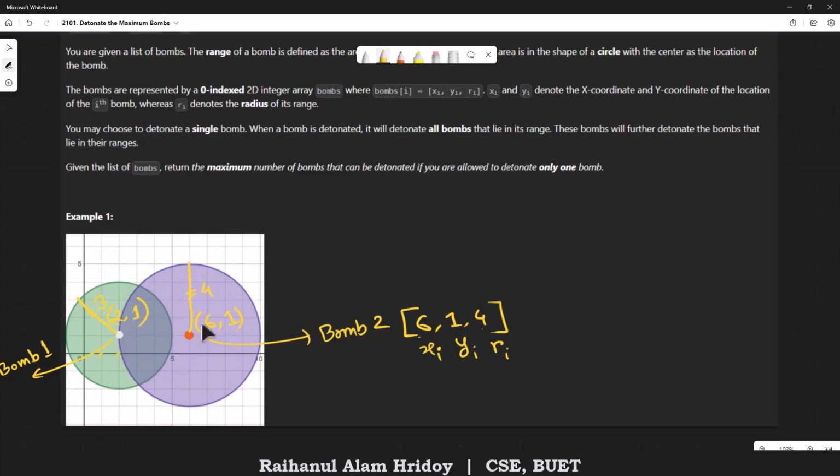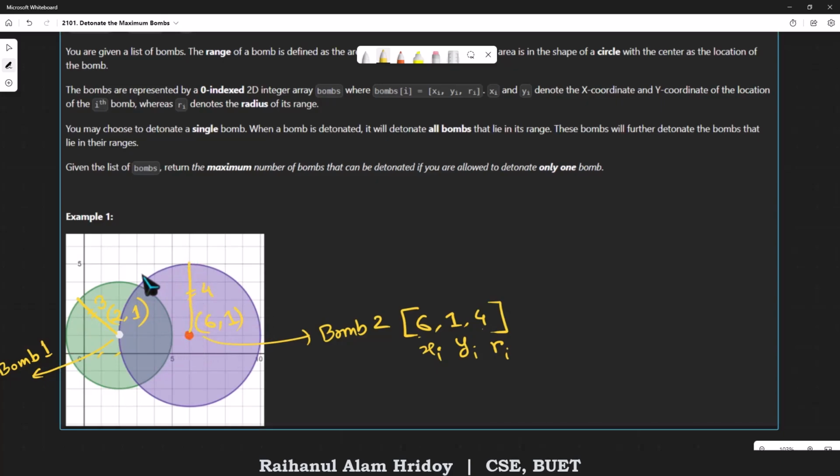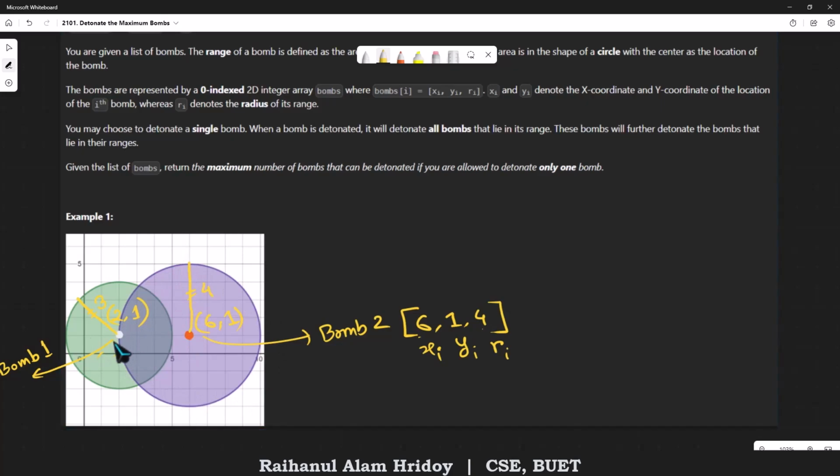When a bomb blasts, it causes a shock wave. In real life you can see that when a bomb blasts, it causes a shock wave. So if bomb 2 blasts first, its shock wave will cover bomb 1, right? It's already inside this shock wave range. So based on this shock wave, bomb 1 will also detonate.